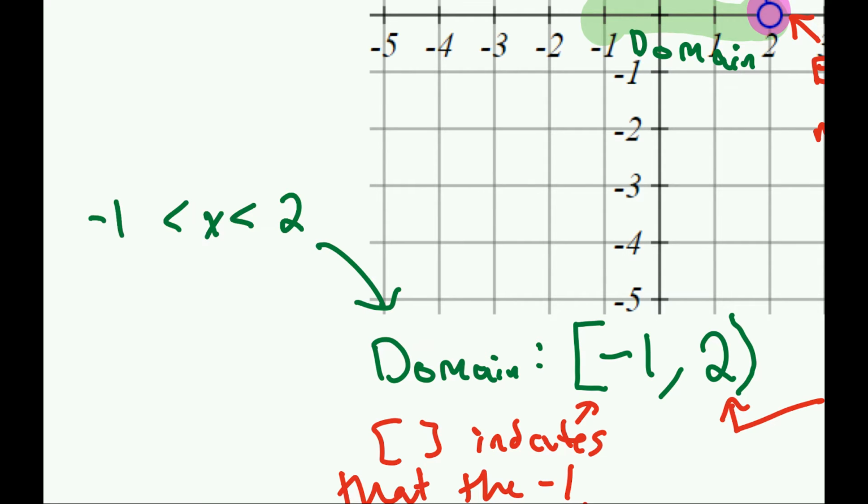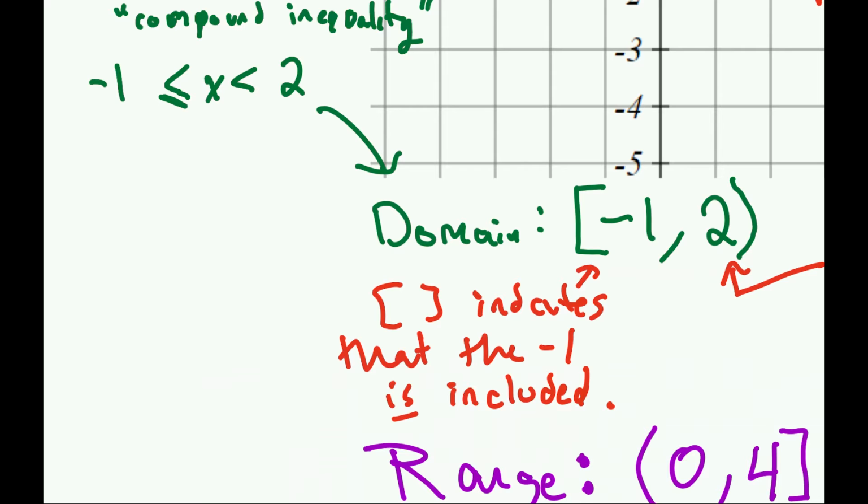And then parentheses would mean that we use less than, and a square bracket would indicate that we have to use less than or equal. So you could have also listed it this way. So this would have been how to say it as a compound inequality, but it's the same thing.